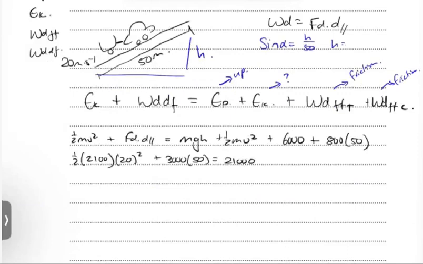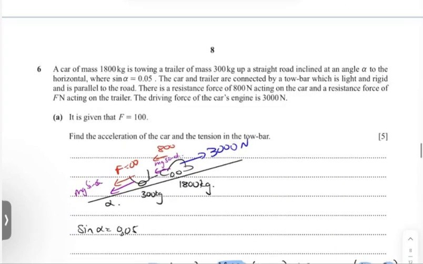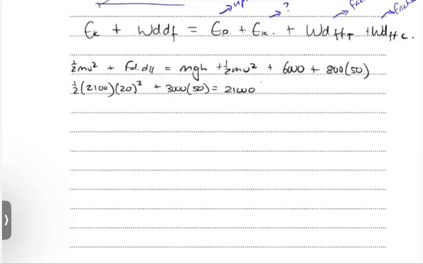So my height is 50 times sine alpha, which is 0.05, so 50 times 0.05. Then half my mass, my velocity squared, that's my one unknown.